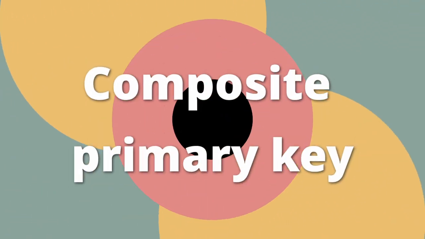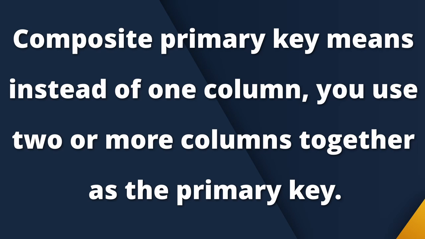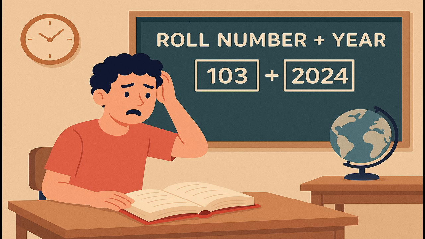So the second topic is the composite primary key. Did you know a table can also have a composite primary key? That means instead of one column, you use two or more columns together as a primary key.